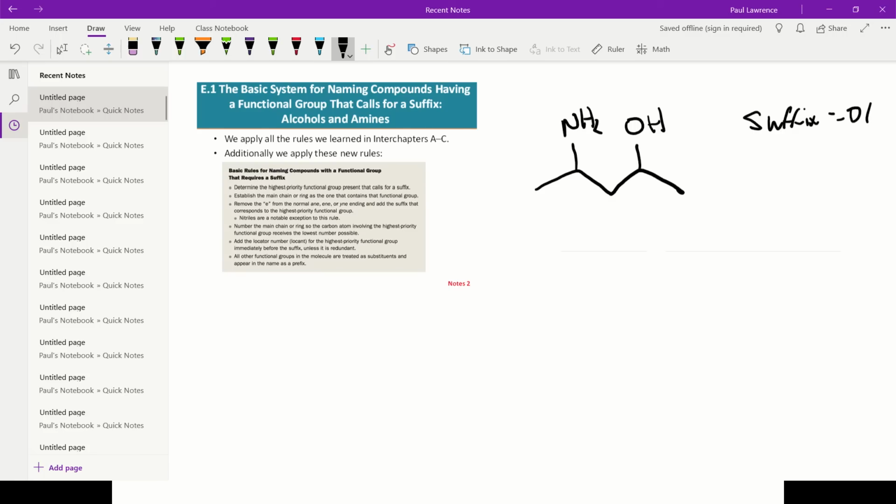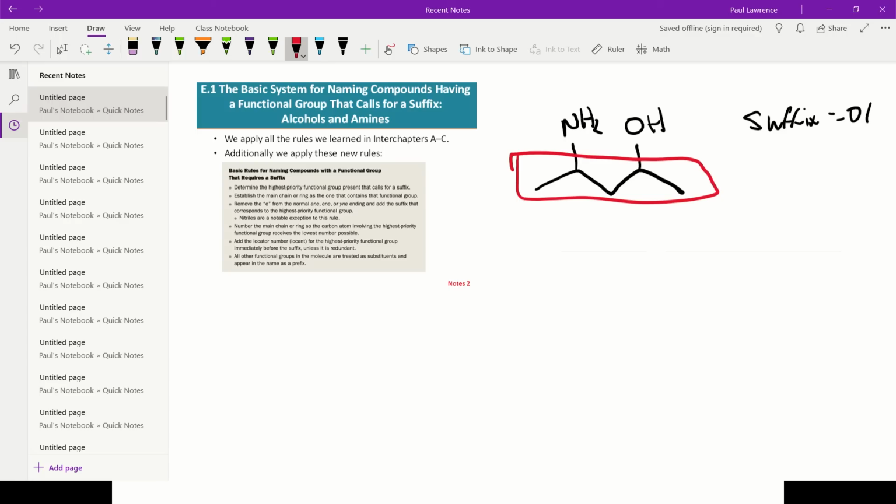So we've already identified the alcohol as the highest functional group, so we need to find the longest continuous chain that has that hydroxyl directly attached to it. And we can see, and this is an easy problem, that that's our longest continuous chain. And we can see that it has the hydroxyl directly attached to it.